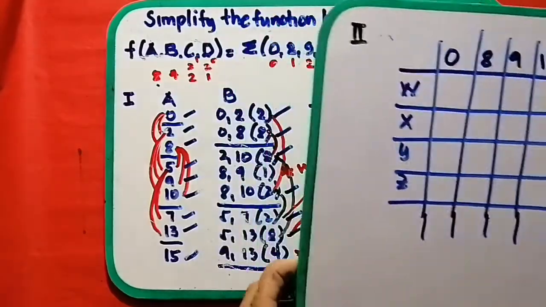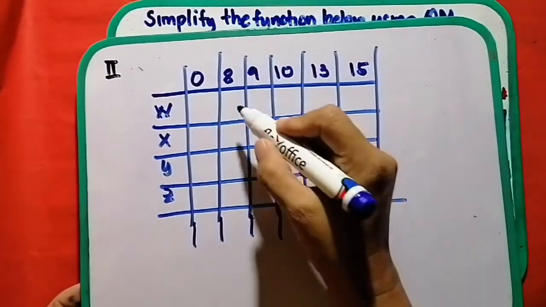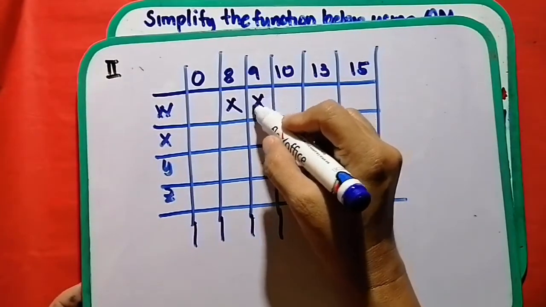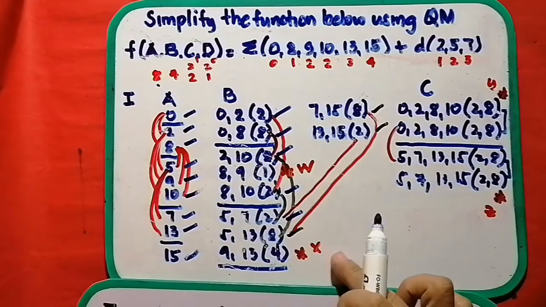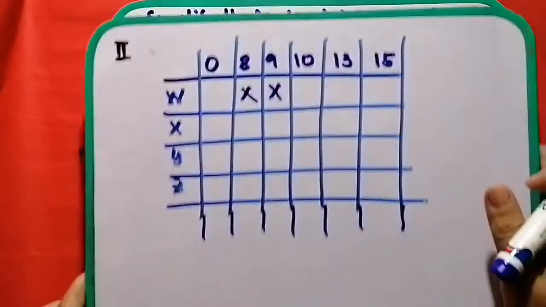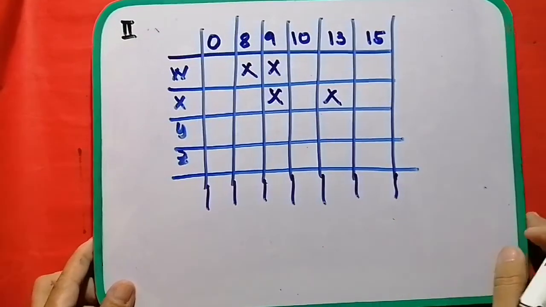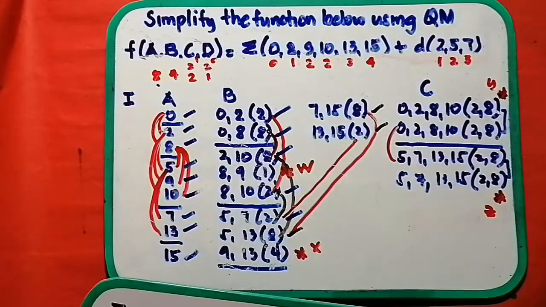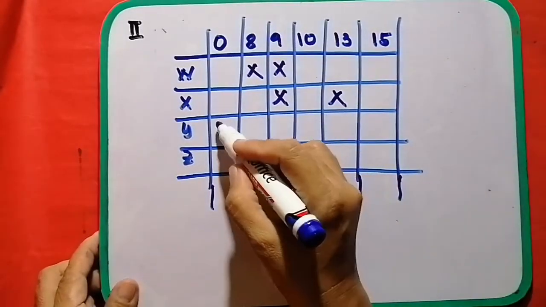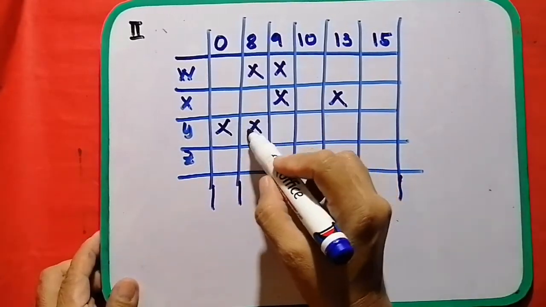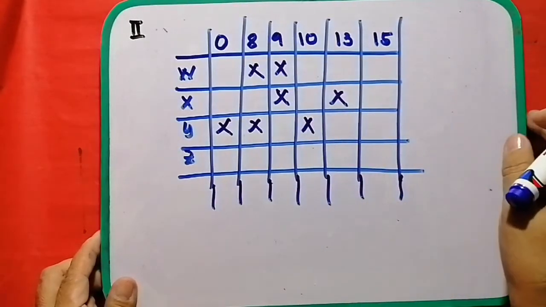Okay, then for W, we have 8, 9. Okay, we put a cross under columns 8 and 9. And then for X, we have 9 and 13. For Y, we have 0, 2, 8, 10. 2 is a don't care.